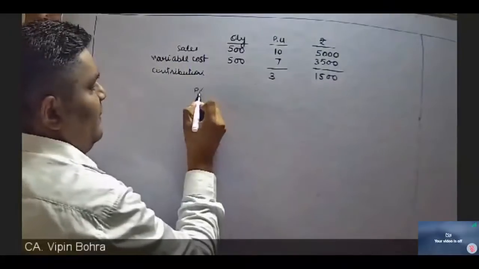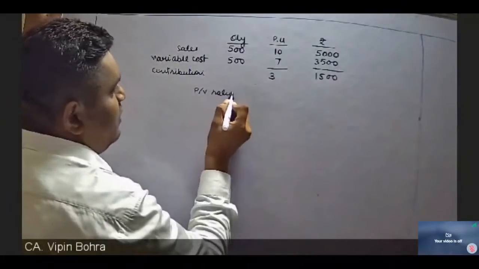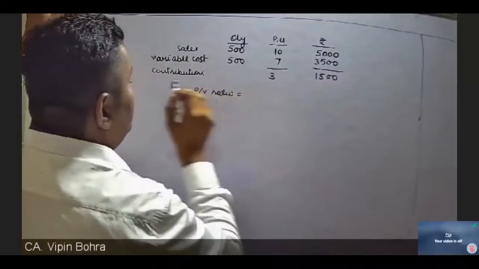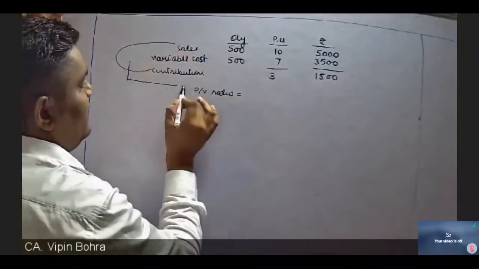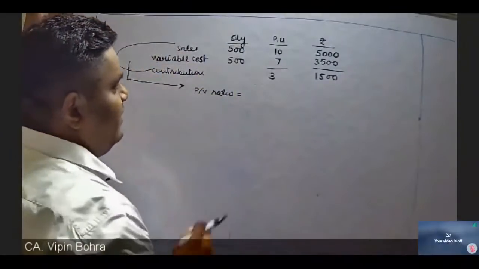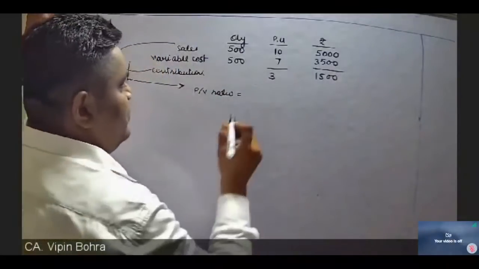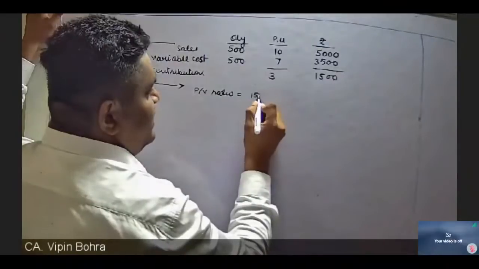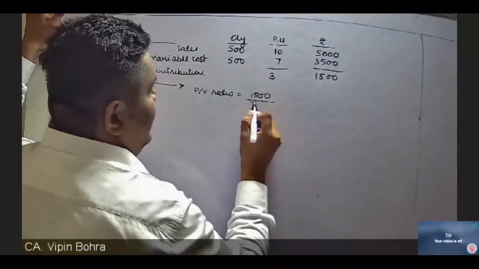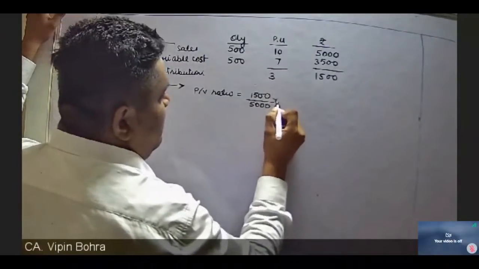What will be my PV ratio? As discussed, the relationship between contribution and sales we call PV ratio. The percentage of contribution to sales is the PV ratio. My contribution is 1500, my sales is 5000, into 100.